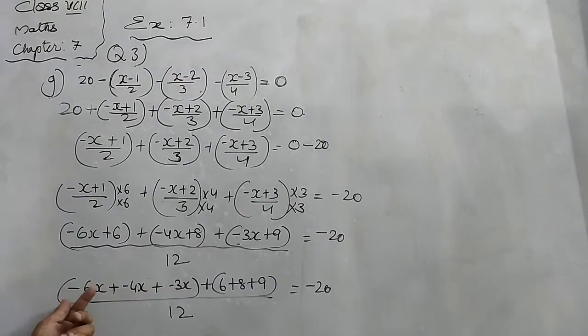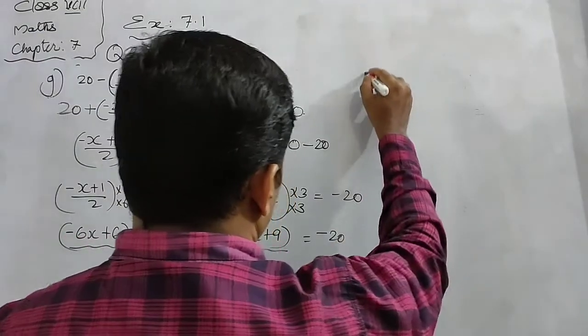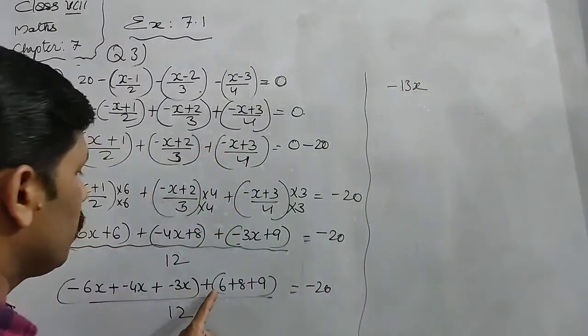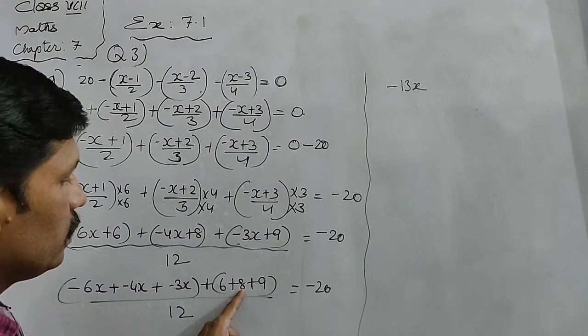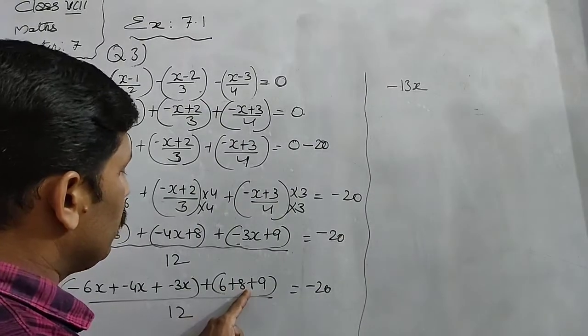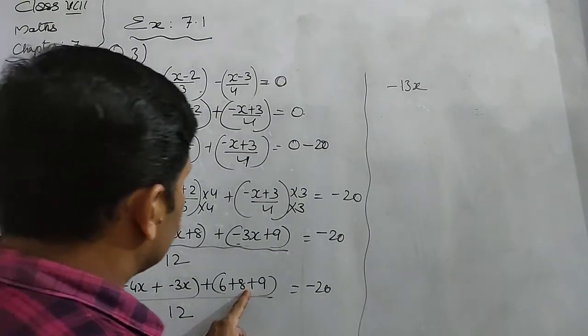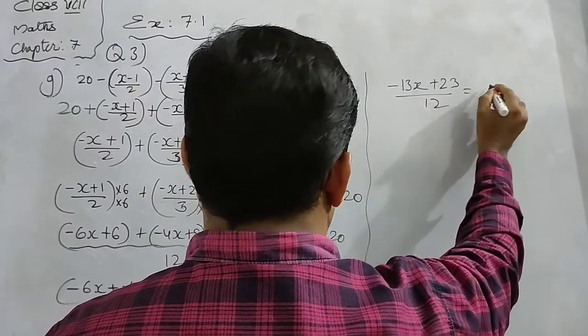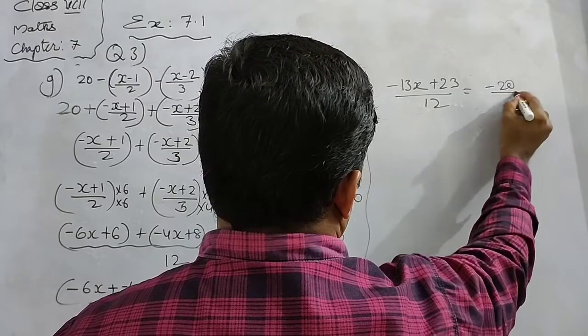Everything is negative, so we add: negative 13x. And here plus 6 plus 8, 14, 14 plus 9, 23, plus 23 upon 12 is equal to negative 20. Negative 20 means negative 20 upon 1.